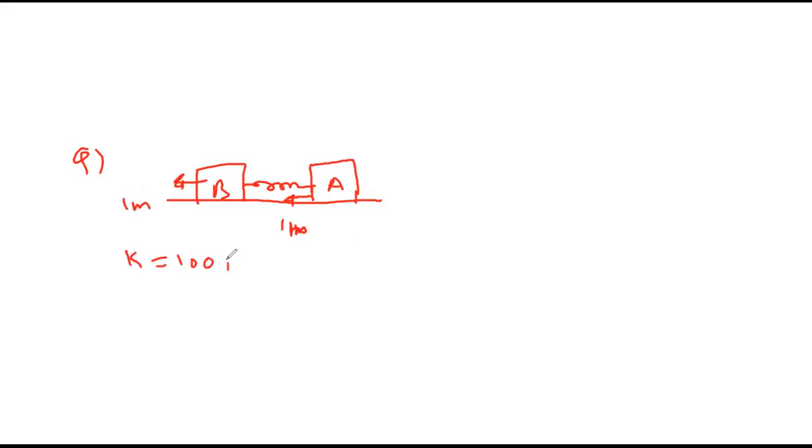This is one block B, another block A, same mass, both connected by a spring. This block is pushed by 1 meter, and this is pulled by 1 meter. K is 100 Newton per meter.